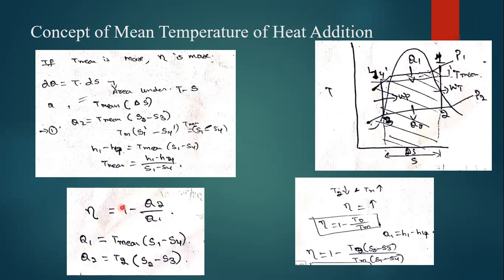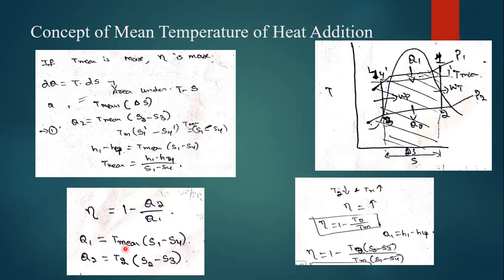Why? Because I am going to have the work output as Q1 minus Q2, divided by Q1. We already know from thermodynamics that efficiency is 1 minus Q2 by Q1, right?